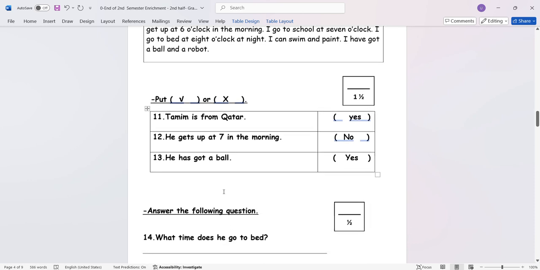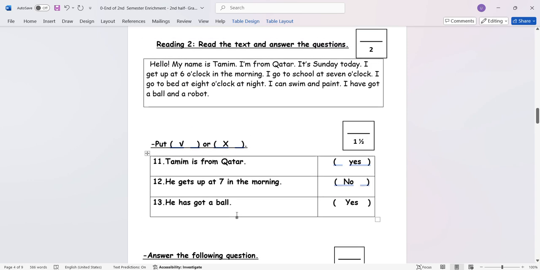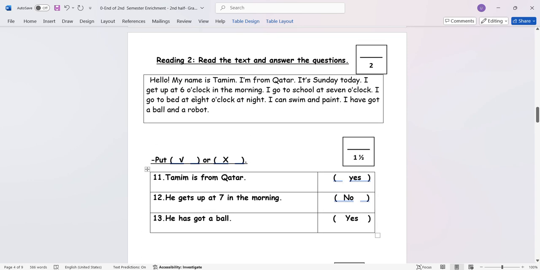Okay, now we move to the next question. Answer the following question. What time does he go to bed? Let's go back to the text to check the answer. What time does he go to bed? I go to bed at 8 o'clock. So we write here at 8 o'clock.